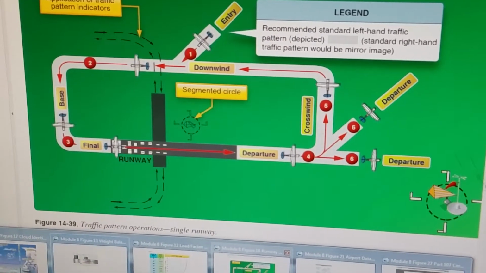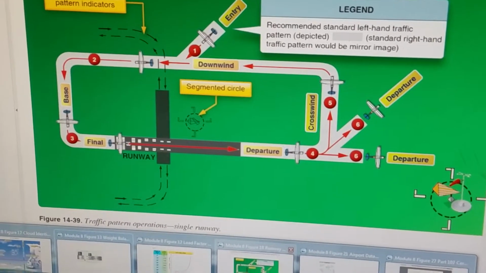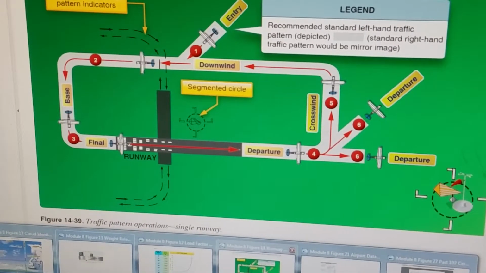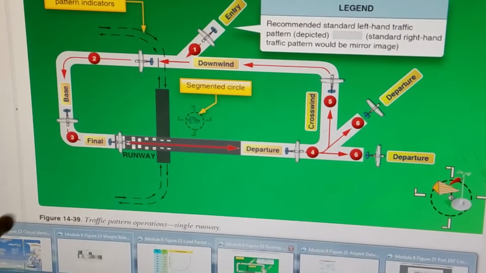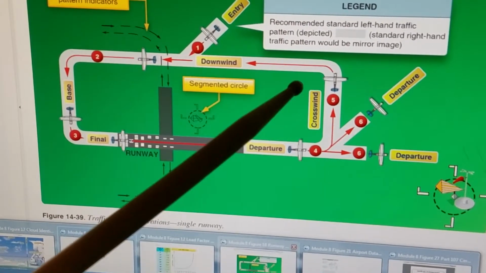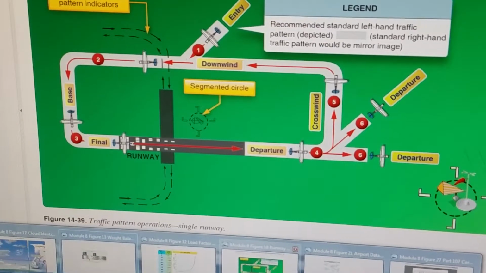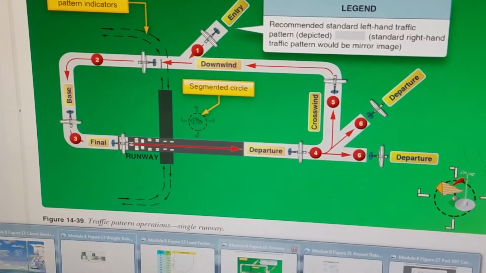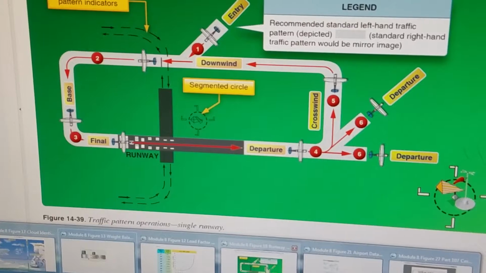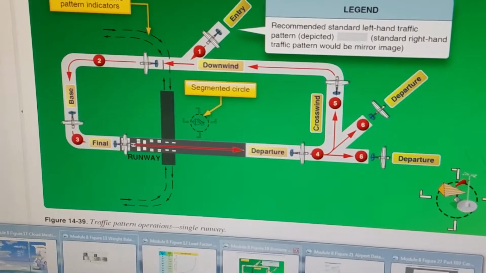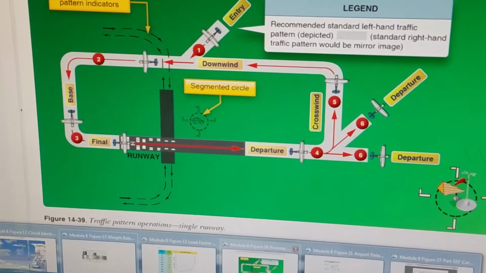But there is a very good reason. I think I described it before. Generally in an airport, the default traffic pattern is left-hand traffic pattern.